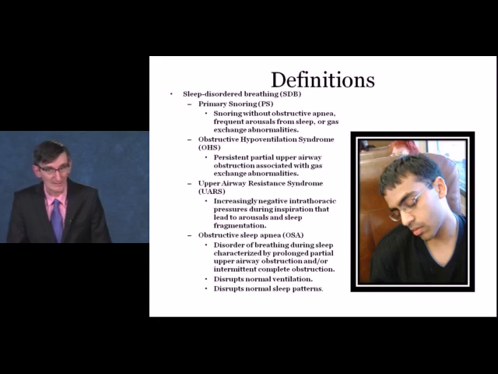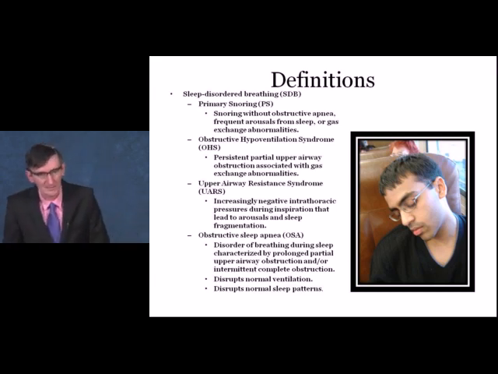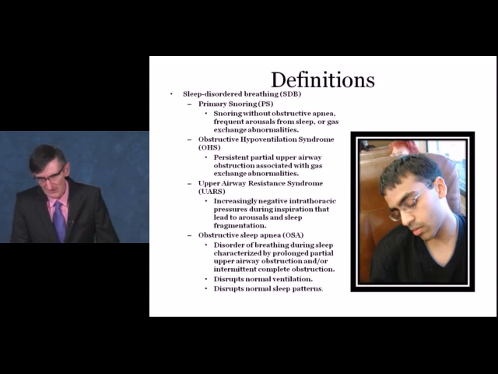Now, what's primary snoring? That means you snore, but it's not altering your sleep, giving you apnea, or giving you arousals. Now, obstructive hypoventilation is something quite different. It means partial upper airway obstruction. You might not see it as frank apnea, but you see alteration in the gas exchange.